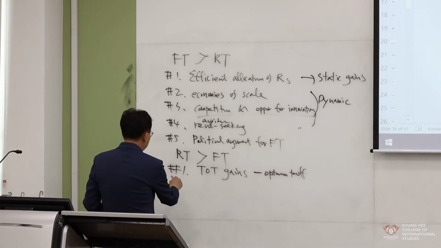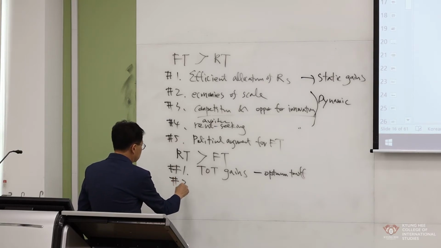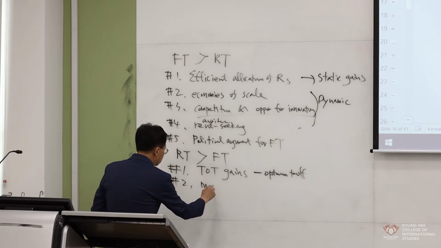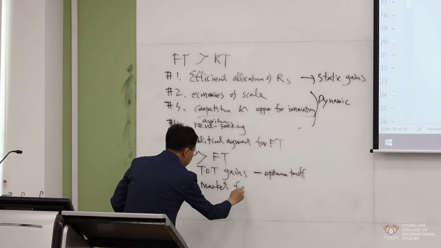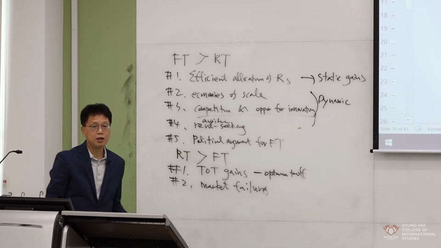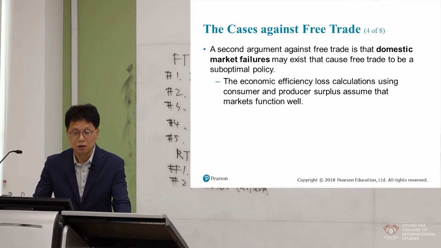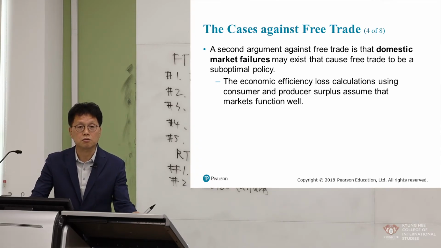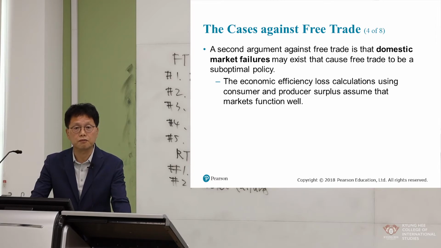Second argument: why is restricted trade better than free trade? That is the argument of market failures, right? When there exists market failure, the market fails, then the government can enter the market to increase some efficiency, isn't it? That is the second.